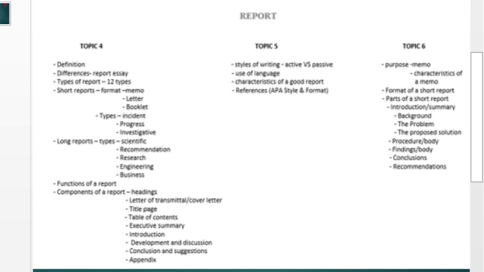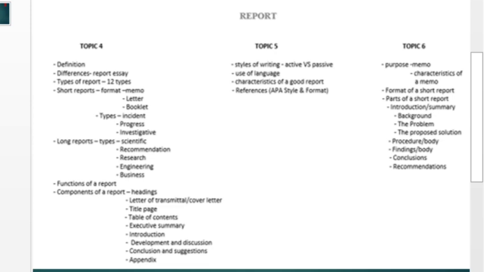Styles of writing. You know how active and passive voice work, and also the use of language, also looking into the tenses. Present simple tense, present continuous tense, present perfect tense, and also past tense, past perfect tense, and other types of tenses.